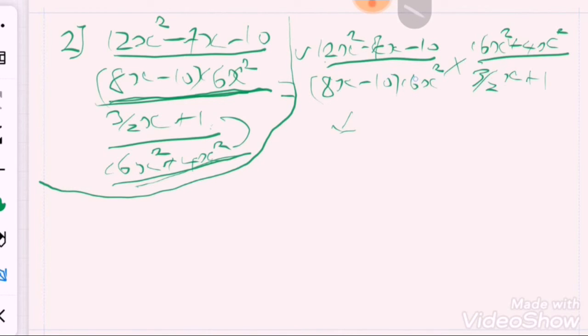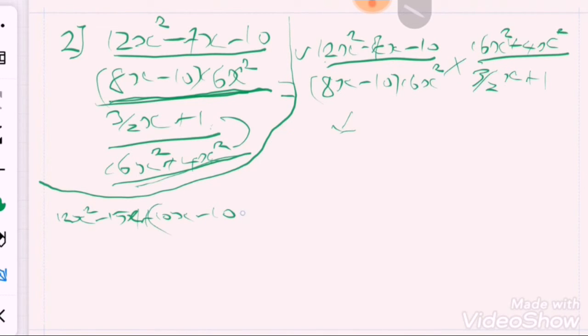So 12 times minus 10 is minus 120. So the two numbers will be minus 15 and 10, which give us minus 120. So we have 12x squared minus 15x plus 10x, then minus 10.